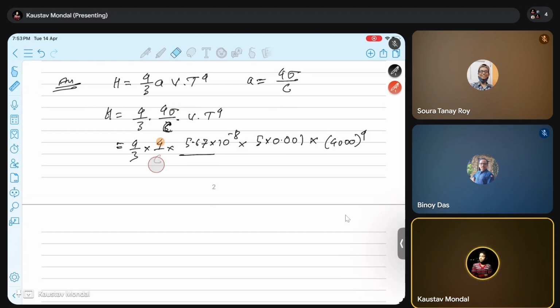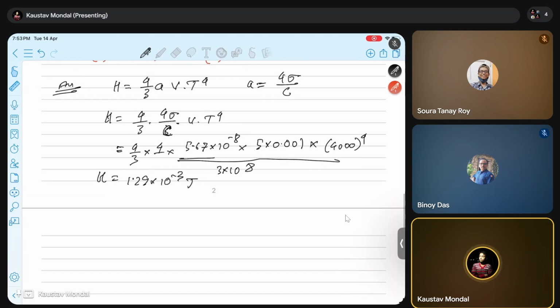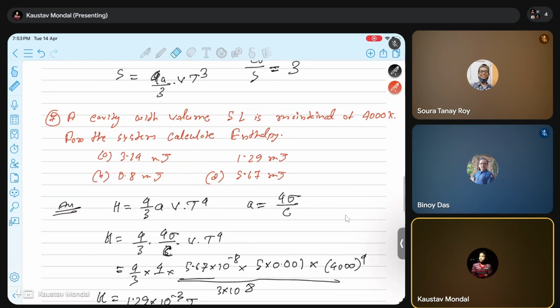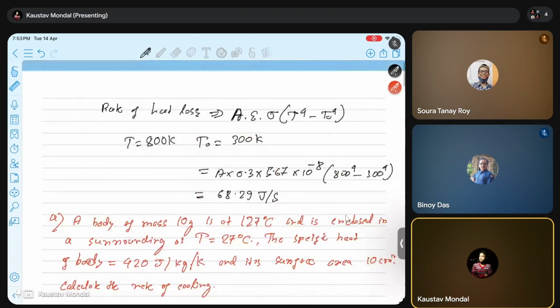So C is 3 into 10 to the power 8. Now if you calculate it, it will give enthalpy equal to 1.29 into 10 to the power minus 3 joule. That means 1.29 millijoules. So this would be the correct answer. This is the last problem for today's class.